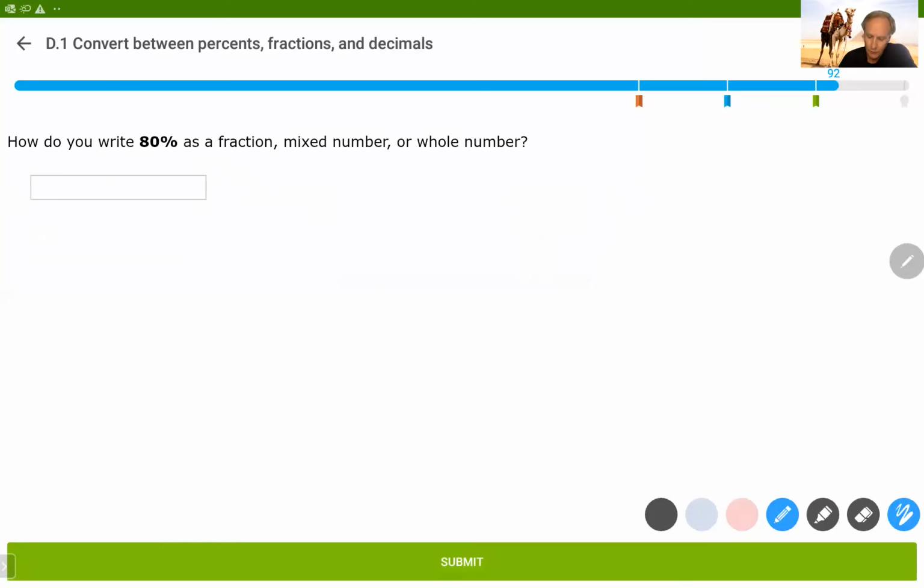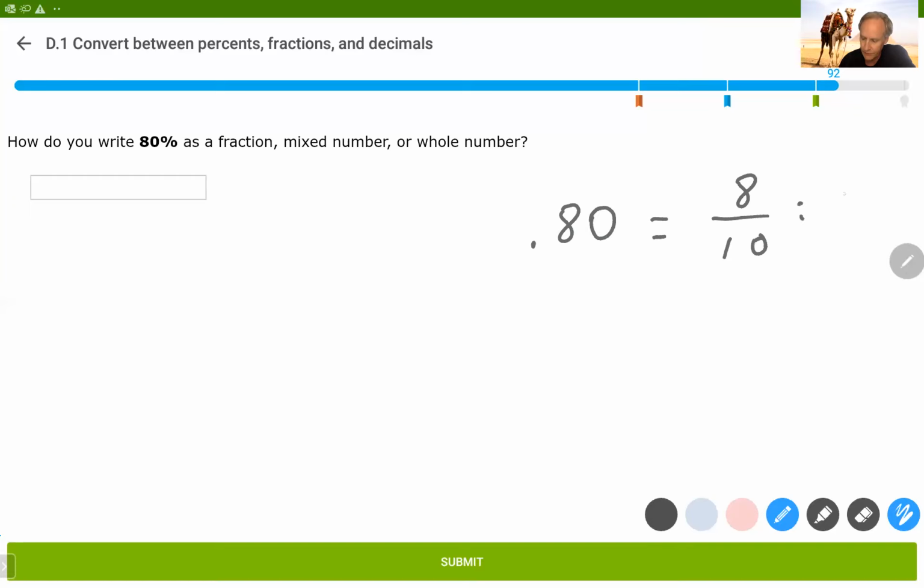80%. What I'd like to do is think of the largest value of a coin. And in this particular case, normally I would think of coins as being tens, dimes. So this is 8 dimes. That's one way of thinking about it. 8/10.